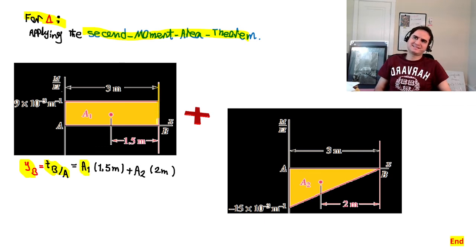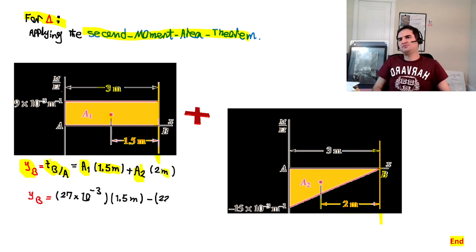It's a vertical axis that counts from B, so the total length is 3 meters and the centroid to B is 1.5, so that's A1 times 1.5 meters, plus A2, which is a negative area, and again the vertical axis passes through B because that's the tangent of B with respect to A, so the vertical line lies at B, and the centroid distance for the other part is 2 meters, so that's A2 times 2 meters.